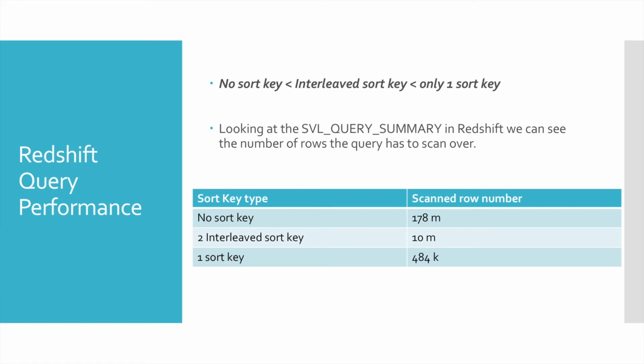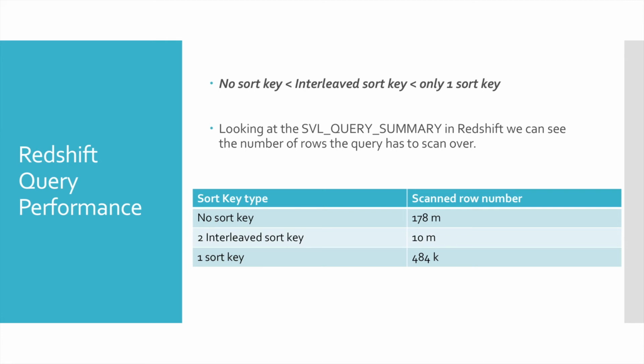If we want to evaluate those sort key performance, we can use SVL query summary table in the Redshift. It helps us to see how many rows a query has to scan over. We can see for an example that the query for the no sort key needs to scan over 178 million.